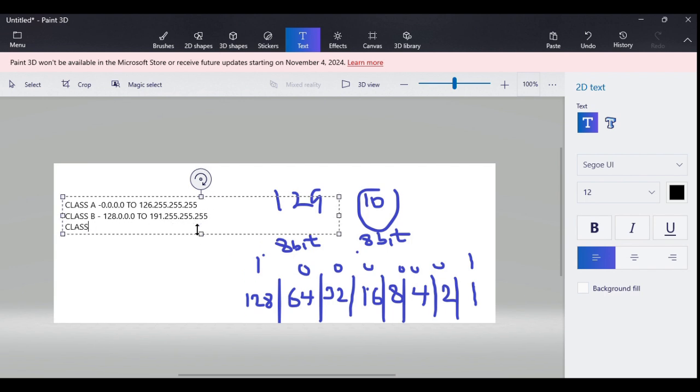For class C IP addresses, we have 192.0.0.0 to 223.255.255.255.